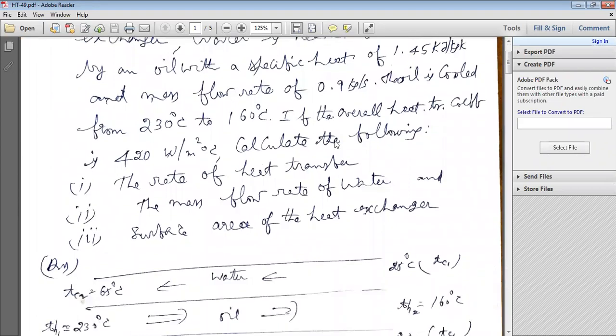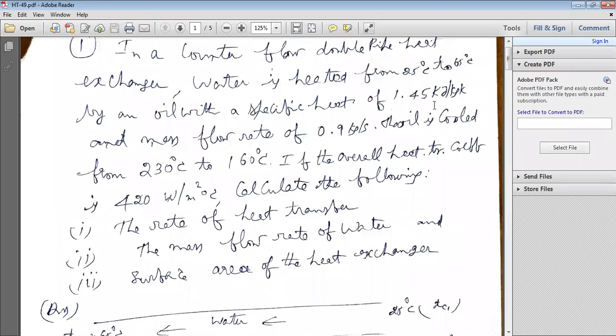Water is heated by an oil with a specific heat of 1.45 kilojoules per kg Kelvin. The specific heat of the oil, Cp, is 1.45 kilojoules per kg Kelvin, and the mass flow rate of the oil, the hot fluid, is 0.9 kg per second.